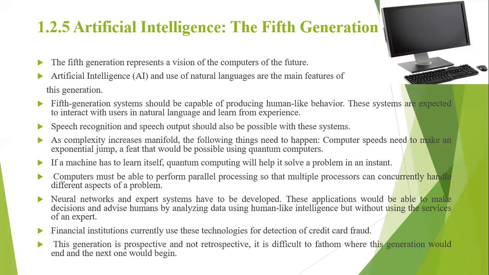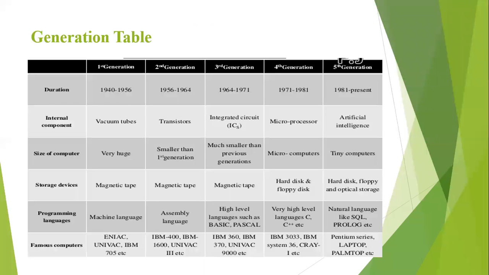Though we talk about many things, today technology is changing very rapidly. So we do not know where we'll end up. Okay, so let us talk about the different generations we have discussed.